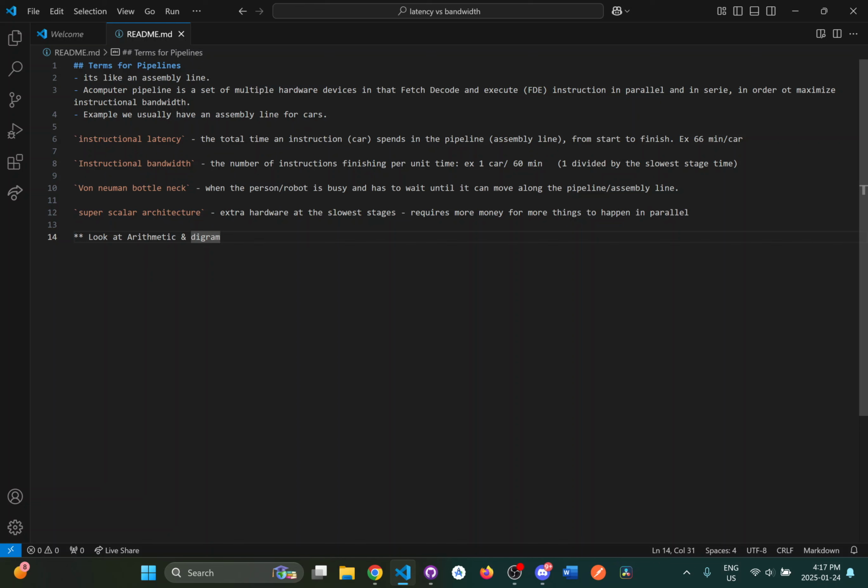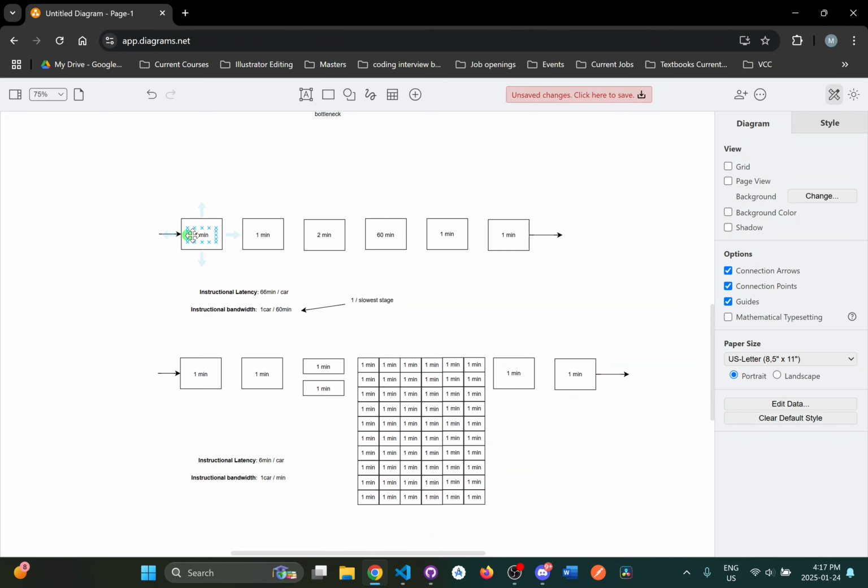The first thing we need to know is that it's just like an assembly line. You can see here that something goes in, starts from the left, and then it follows, goes right, all the way out. So this side will be classified as in, and this side would be classified as out.